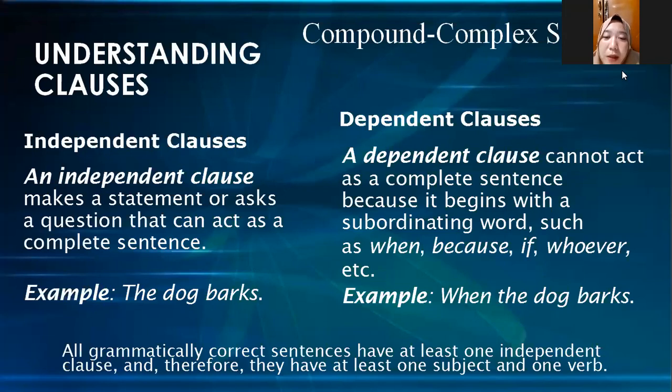A dependent clause cannot act as a complete sentence because it begins with a subordinating word, such as when, because, if, however, etc. Example, when the dog barks. All grammatically correct sentences have at least one independent clause, and therefore they have at least one subject and one verb.